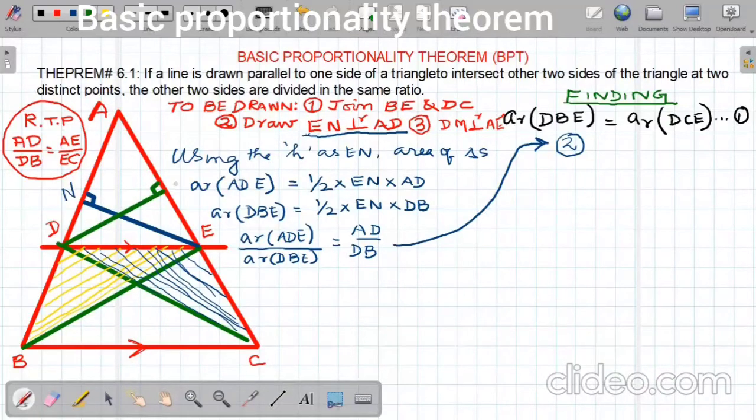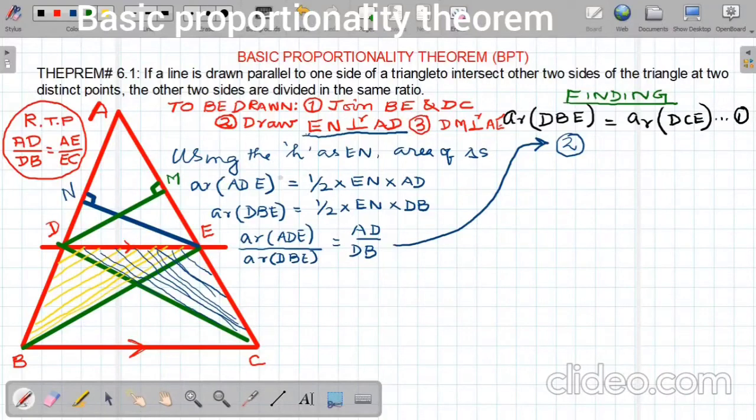Now we are taking again the area of the same triangle ADE, using this DM as the height, and comparing it with the area of the triangle DCE. Using the height DM, we take the areas of triangle ADE and triangle DCE.